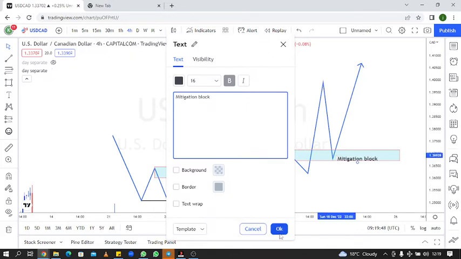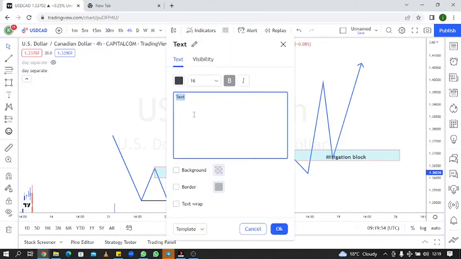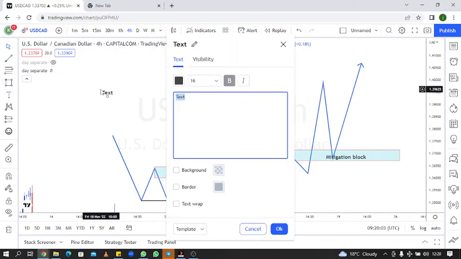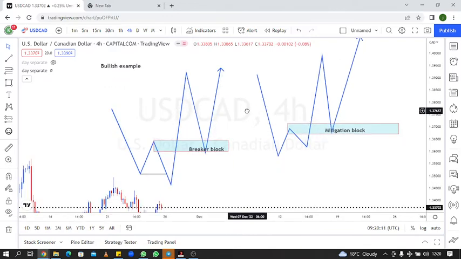This is a mitigation block on a bullish move, and this is a breaker block on a bullish move. So this is a bullish example. A bullish illustration of a breaker and a mitigation block.